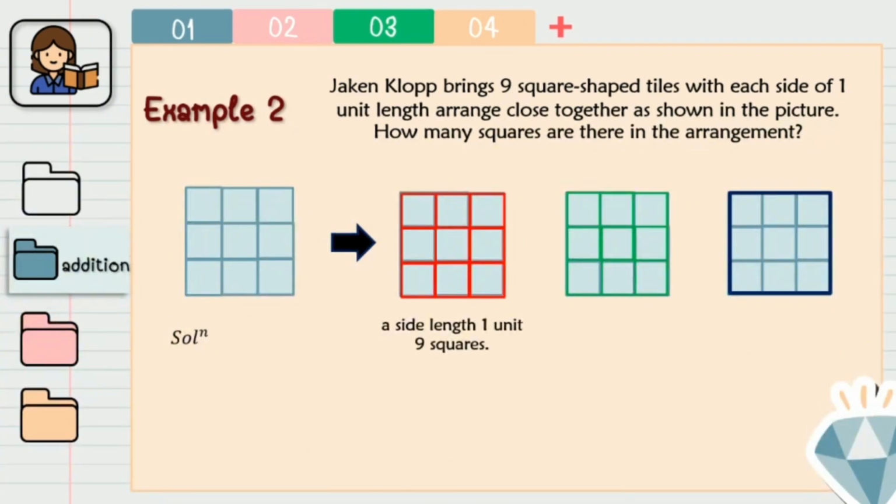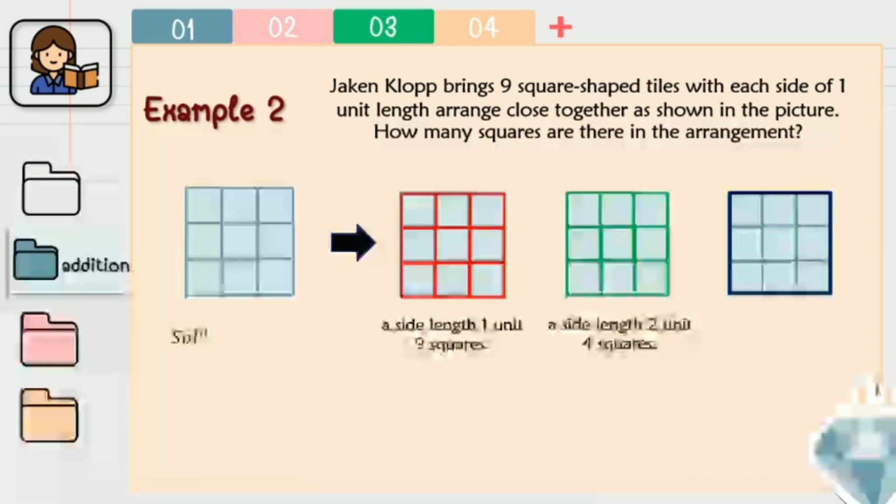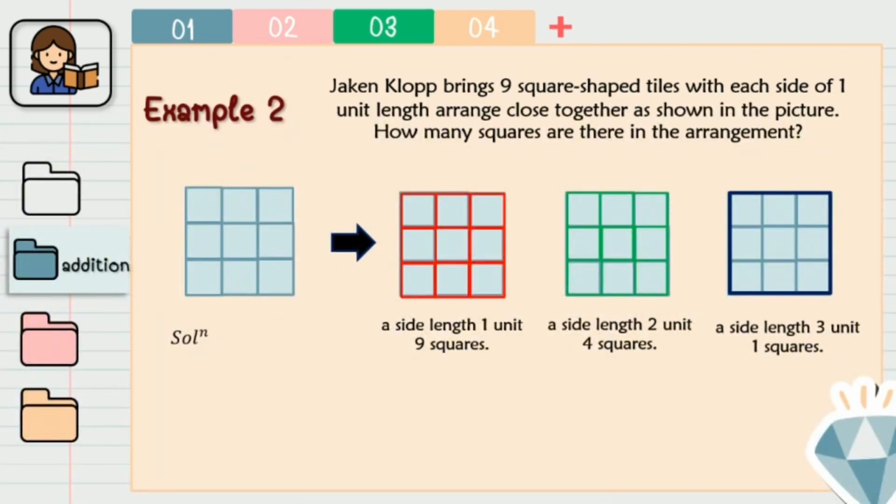Side length 1 unit, 9 squares. Side length 2 units, 4 squares. Side length 3 units, 1 square. From the addition principle, we get 9 plus 4 plus 1 is 14.